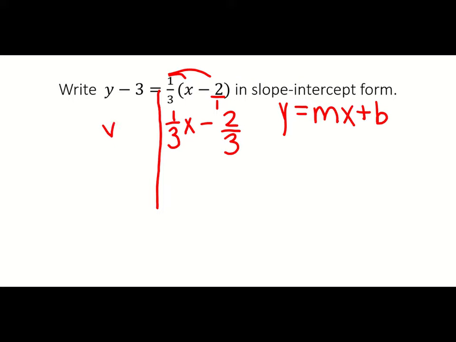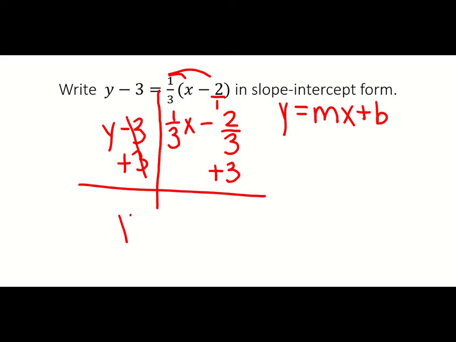On the left, I'm just dropping down y minus 3. So I'm starting to see y equals mx plus b. However, there's a -3 with the y that I need to get rid of. So think about when you solve an equation. If something's being subtracted, we do the opposite and we add that something to both sides.